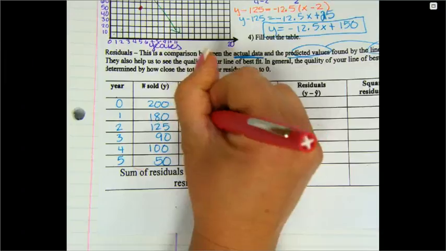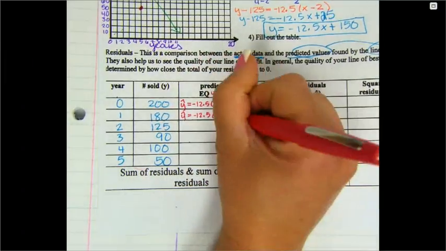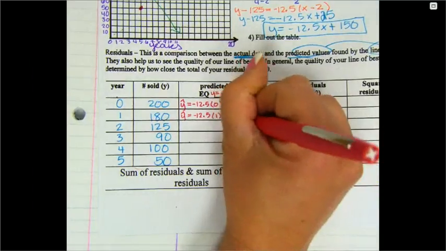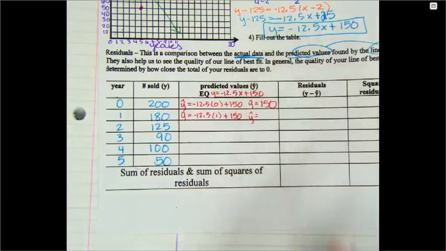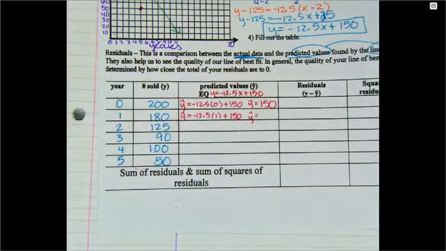So we're going to get negative 12.5 times 1 plus what? Plus 150. Go ahead and solve for that. Tell me what you get. Because we're using the exact same equation we were given, that we solved for. Okay? So all we're doing is plugging in those numbers where we see them.